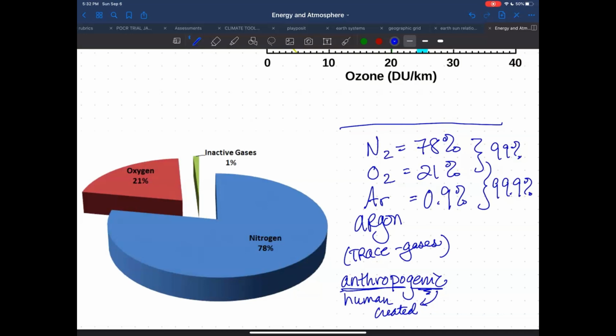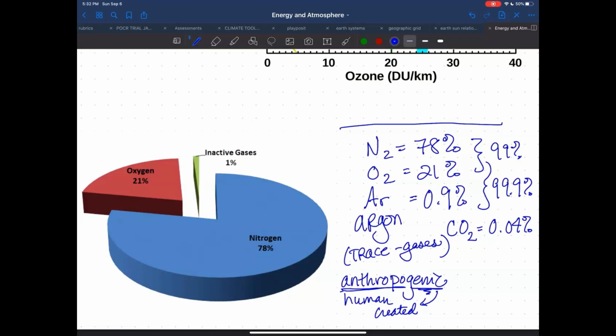Here we go. CO2, carbon dioxide, 0.04%. It was 0.03% before when I was teaching this. 0.036, 37, 38, 39. Then came 4, 4.1, 4.2, 4.3. Yeah, you get the picture.